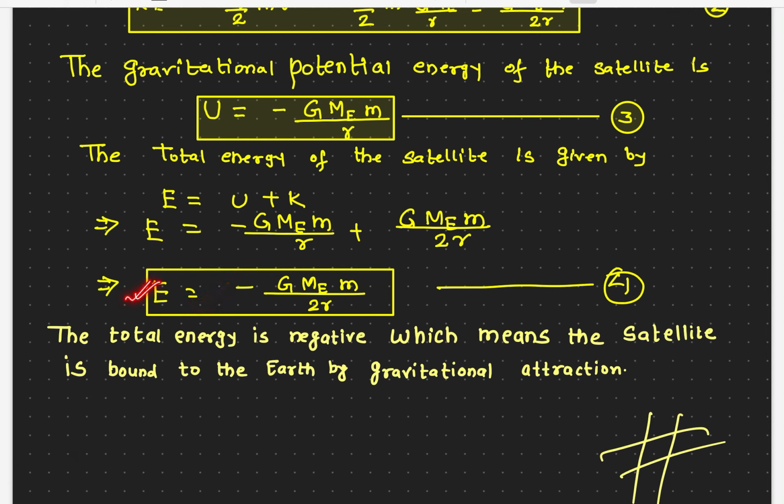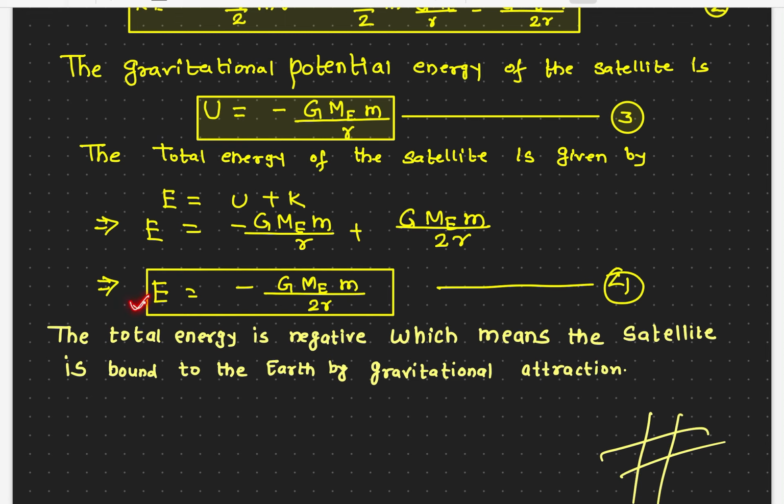That's the total energy. The first thing is that if the total energy is negative, the satellite is bound to the Earth. And also, what does this magnitude tell you? This magnitude tells you that in order to move the satellite infinite distance apart from the Earth, you have to apply this much energy.